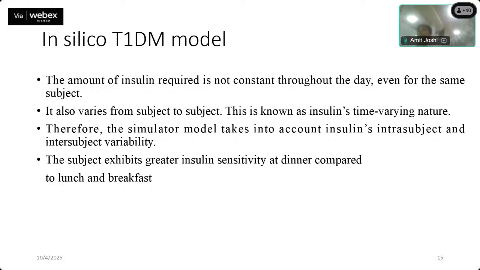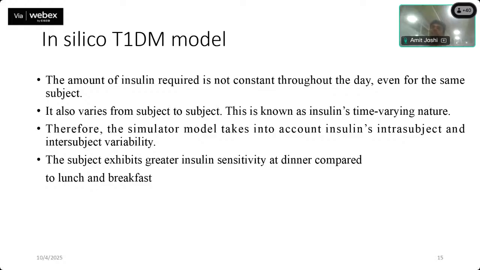First, before having any particular food, and then after a meal, maybe after 1 hour, 1.5 hours or 2 hours. So that is the window at which I am measuring the glucose level. It also varies from subject to subject. This is known as the insulin time varying nature.